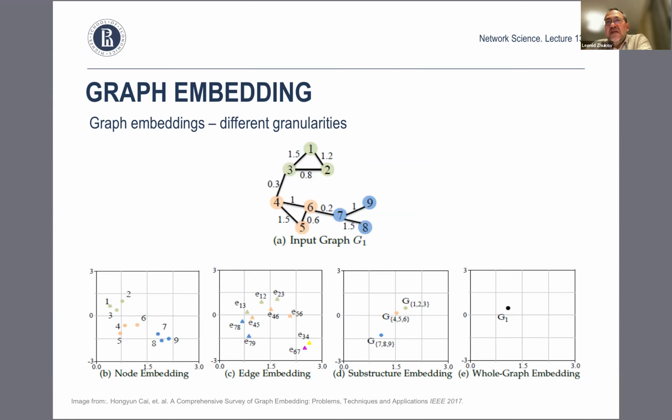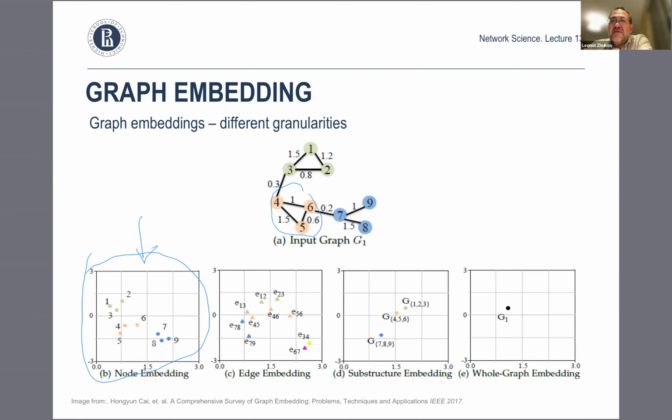Now, that's not the only way to think about graph embeddings. There are other ways. We can think about various granularities when we think about graph embeddings. And again, what we're going to do in this lecture is node embedding. So we're going to embed only nodes, right? And every node will be a point in our high dimensional space, and here it's 2-dimensional. But you can actually come up with ways to create embeddings just for edges, or maybe for structures.